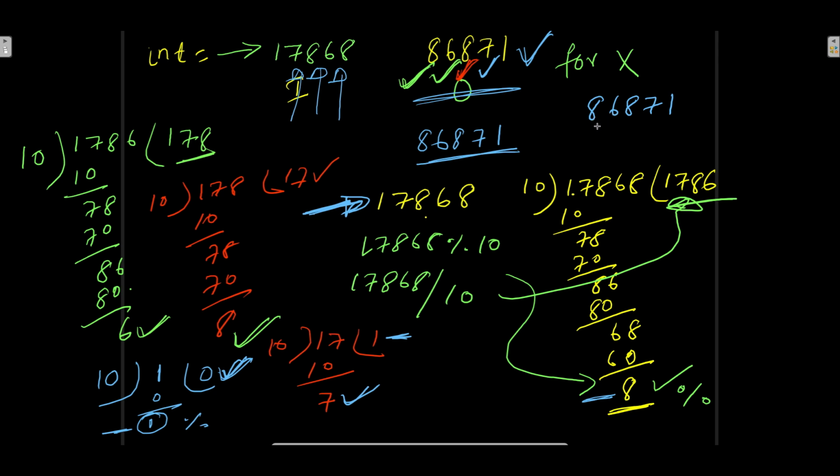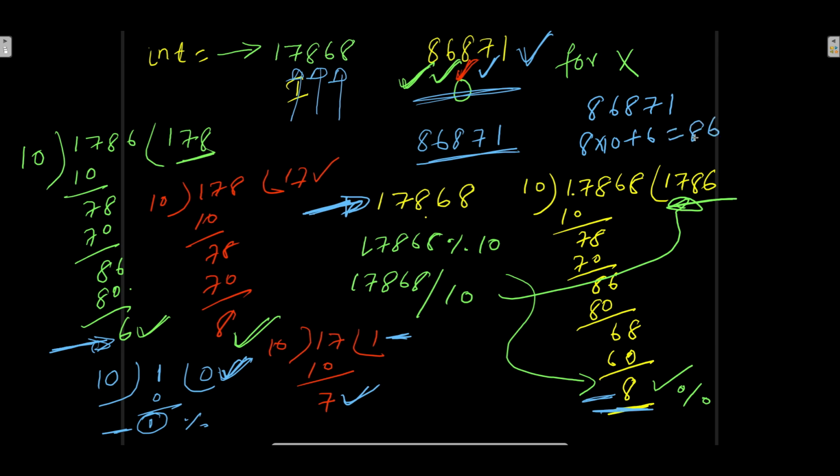After 8, if I count from this side, it is 86. Which means the next element you got is 6. Here you got 6, here you got 8. So you have to make 86, which means when you multiply 8 into 10 plus 6, only then will you get 86, right? You understood?